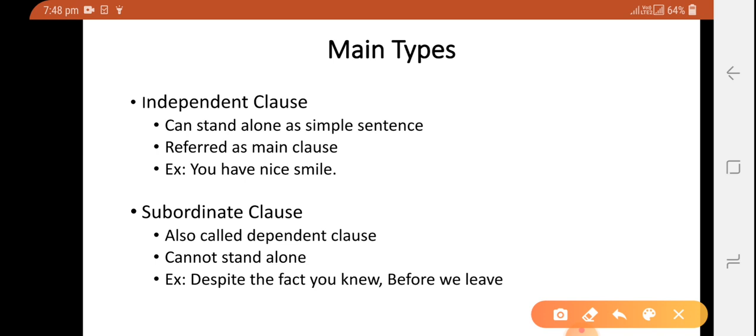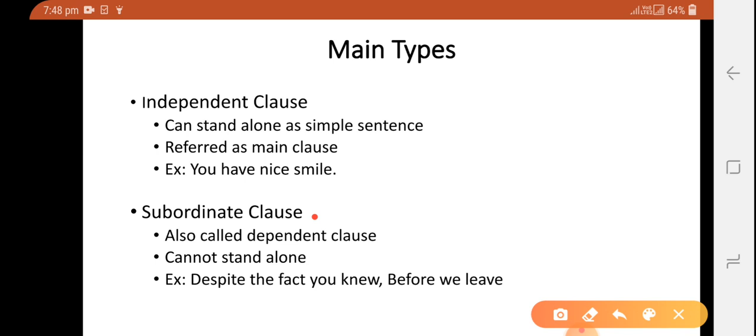The second type is subordinate clause. It is also called dependent clause. See the difference. An independent clause is called main clause, but subordinate clause is called dependent clause. Cannot stand alone.